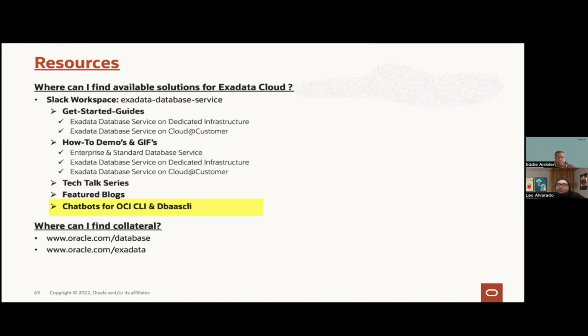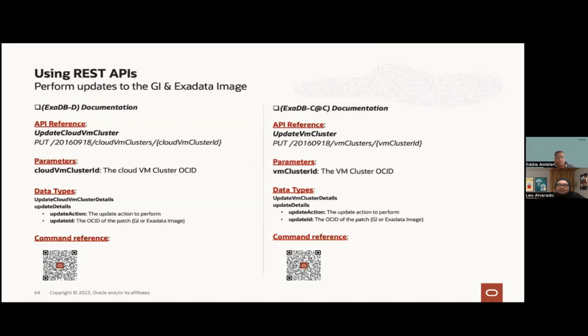And then if you want to learn more about OCI CLI commands and dbaascli, in our public Slack channel, we also have two chatbots that you can add to your Slack. It's Ask Debbie and Ask Ed. So Ask Debbie is our chatbot for helping you on your dbaascli inquiries. And then Ask Ed is for the questions that you have for OCI CLI.